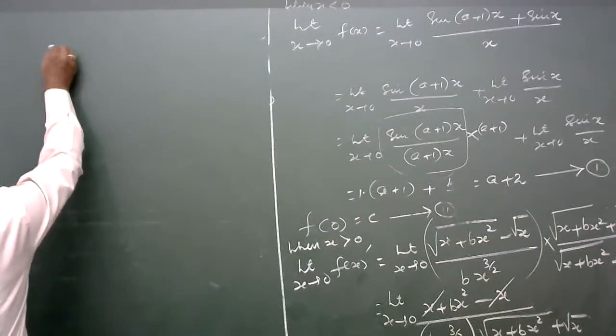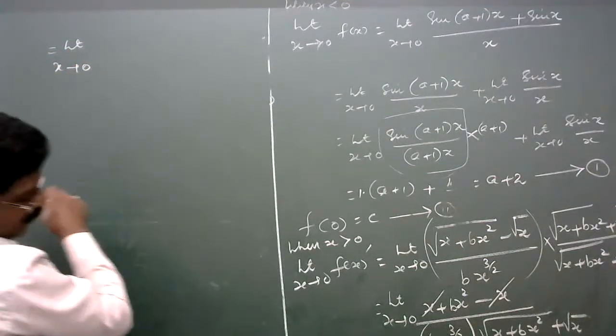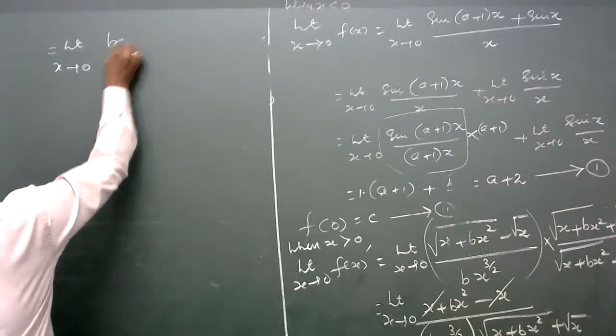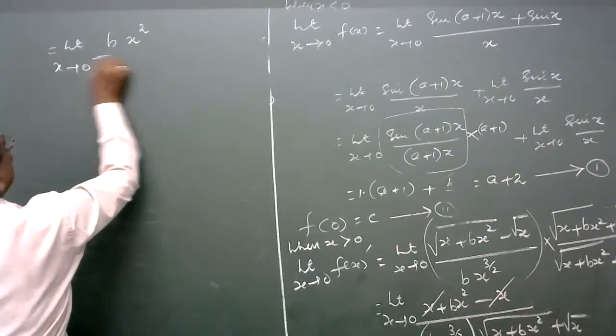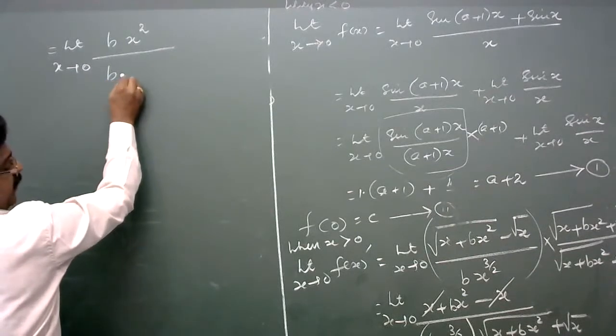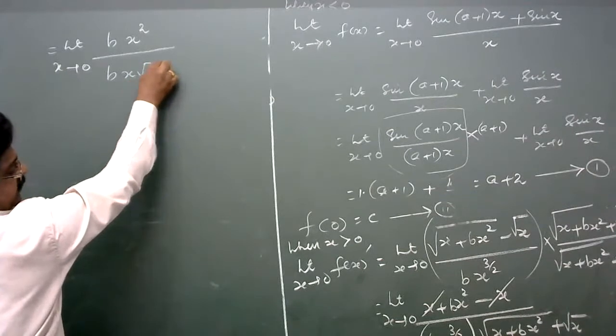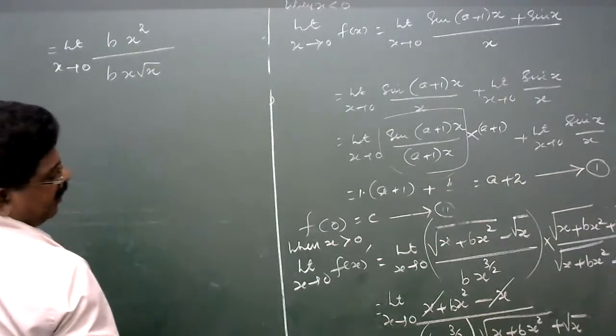Now this is equal to limit x tends to 0, b x to the power 2, the whole upon b x root of x. Correct? 3 by 2 means 1.5.